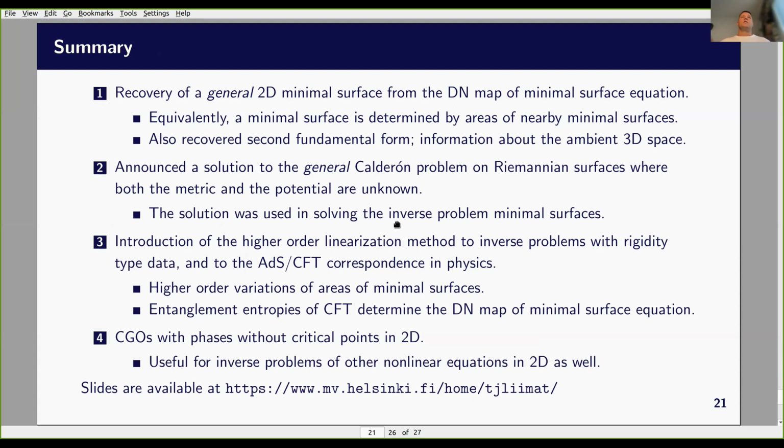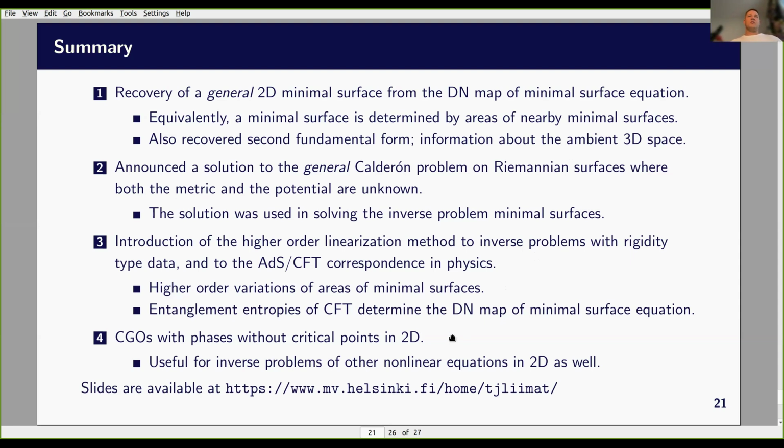As well, I introduced the high order linearization method for inverse problems with rigidity type data and the AdS/CFT correspondence in physics. This was done by using the high order variations of minimal surfaces. The takeaway about the physics correspondence is that the entanglement entropies of the conformal field theory determine the DN map, which our community knows very well, of the minimal surface equation.